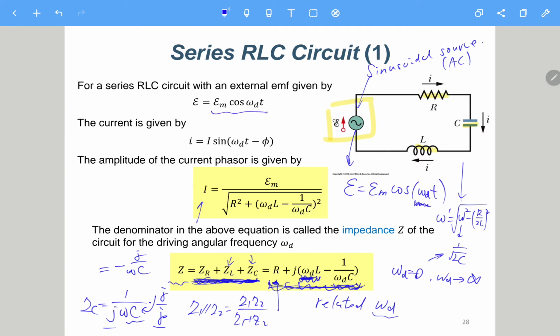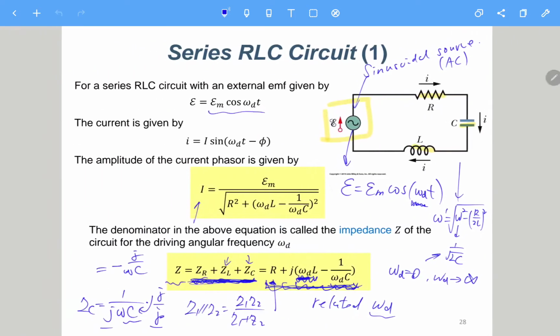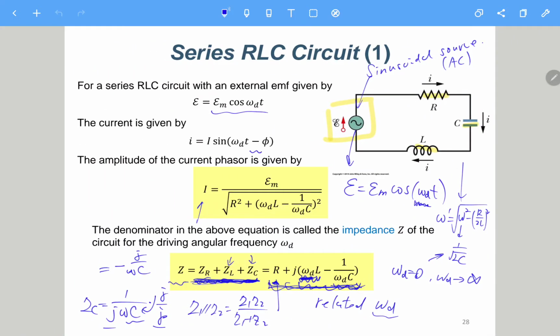Here it is already mentioned that E is E_m cosine omega_d t. It also tells you that tangent phi gives the phase between the voltage and the current.